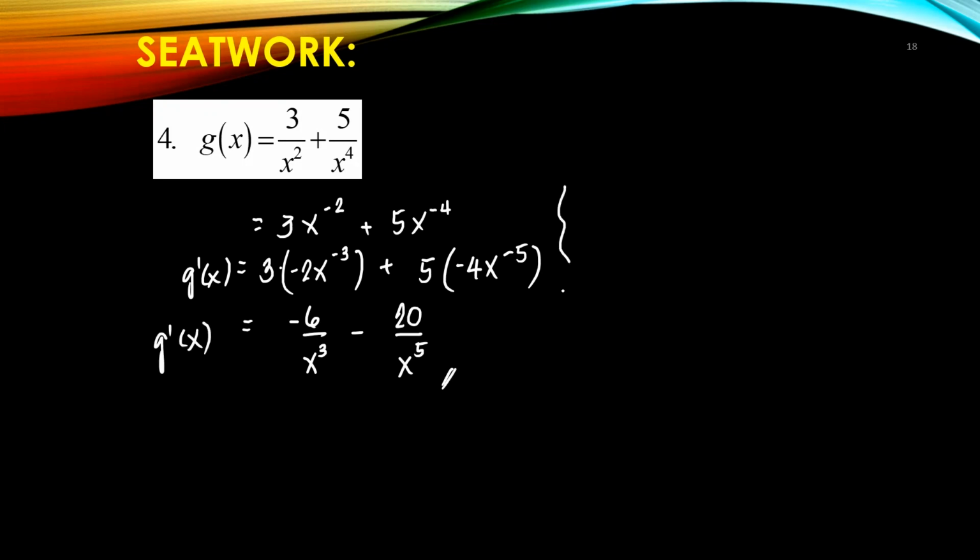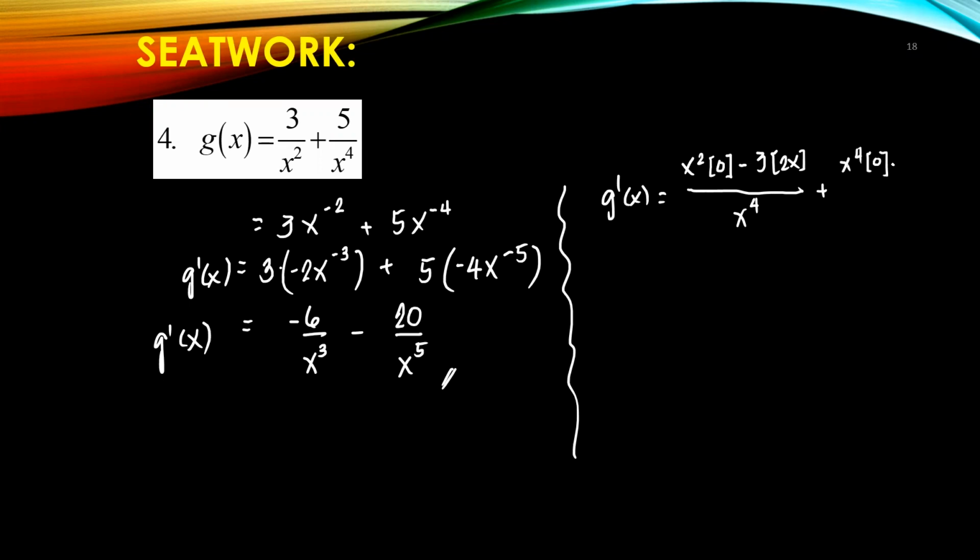Some of you would say, what if, sir, we use the quotient rule? Okay, so let's try the quotient rule. Low d high minus high d low, so x^2 squared. That becomes x^4, right? Plus low d high minus high d low is 4x^3 over low squared.